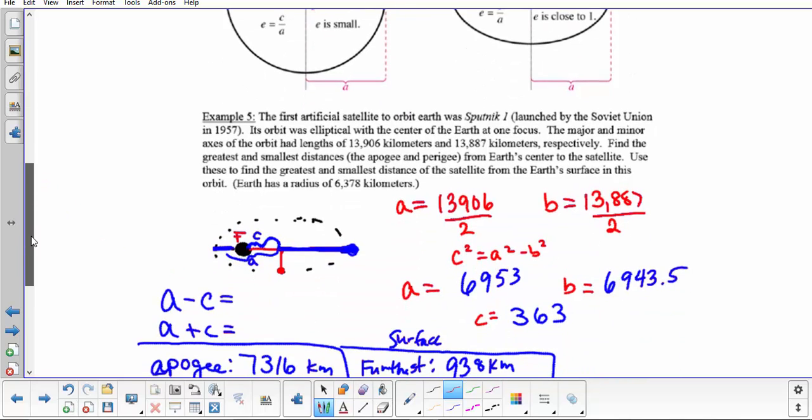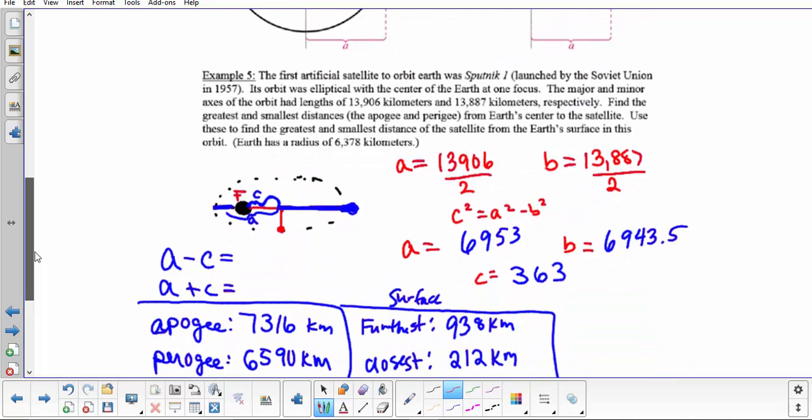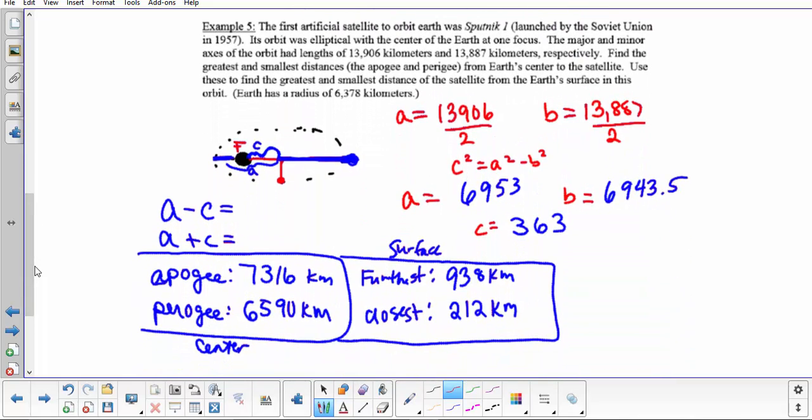So, example 5. Look at this, all kinds of fun stuff. The first artificial satellite to orbit the Earth was Sputnik 1, launched by the Soviet Union in 1957. Its orbit was elliptical, with the center of the Earth at one focus.